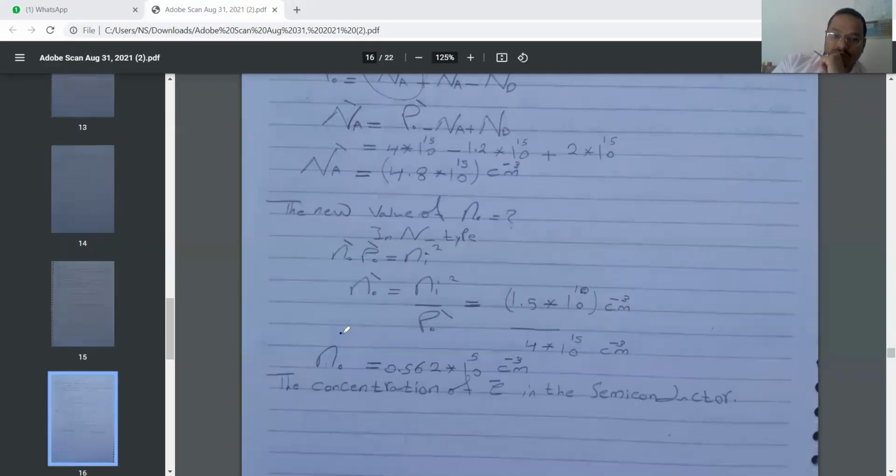I'm sorry, I forgot to put the dash. It's important to be able to compare easily between all of these results, because we are using the same letters, and when I put the prime, it will be easier for us. The concentration of the electrons in the semiconductor, the last result, equals 0.562 exponential 5.